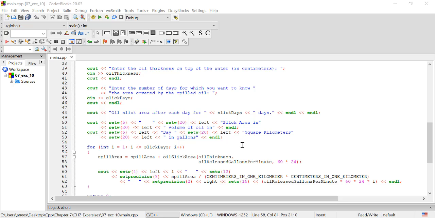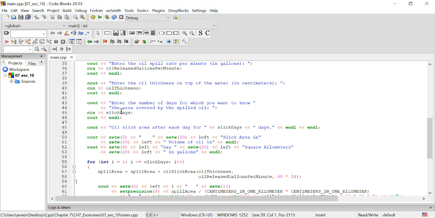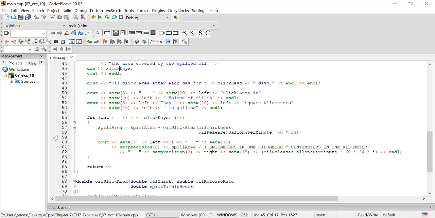Now, most of you might also be wondering, why would I plug 60 times 24 in? Now, the reason I would do that instead of plugging in something that would seem to most people like the correct thing to plug in, like Slick Days. Well, the reason I plugged in 60 times 24 is because, see here, I'm making a loop.